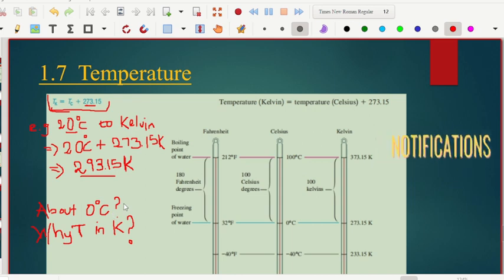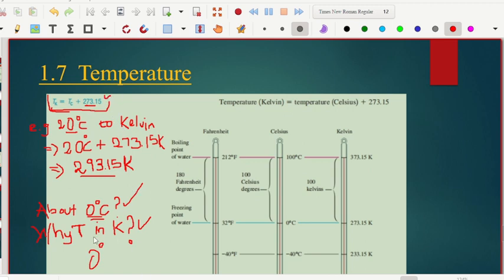So for instance, what about if the temperature is 0 degrees? What does it mean? And this is the reason why we use Kelvin instead of degrees. Because when you see 0 degrees Celsius, you might think as if there isn't any energy that thing has. But when you look at it in Kelvin, when you add 0 degrees with this value, you have a different value.